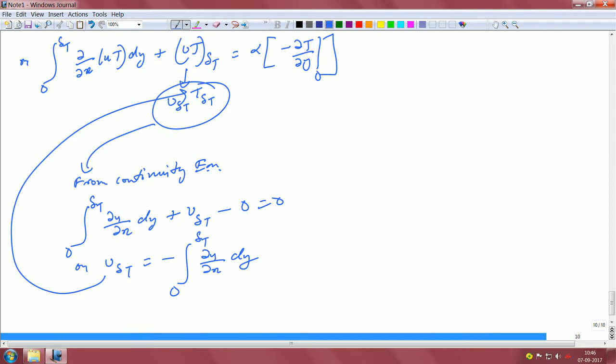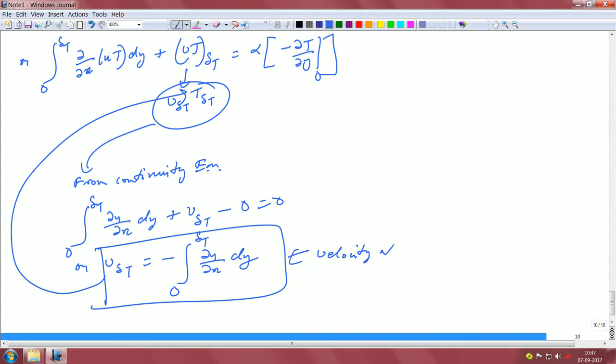Now that you have got this expression ironed out, how to proceed with the problem? You remember that this is the velocity at the edge of the thermal boundary layer. We can once again apply the Leibniz rule here.